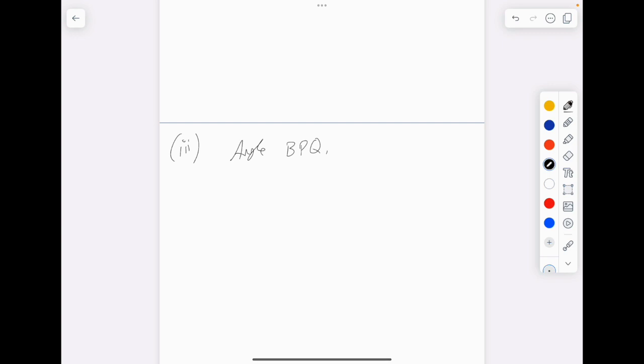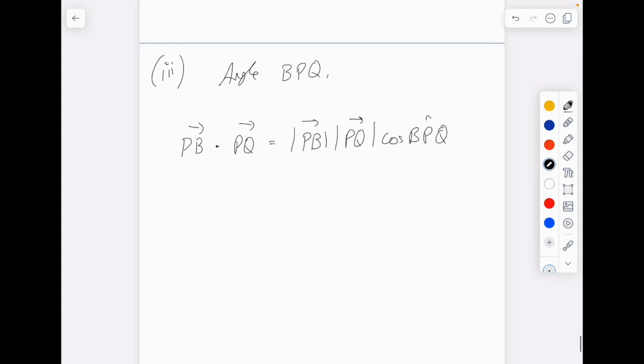Let's think about this. So PB dotted by PQ is going to equal the magnitude of PB, the magnitude of PQ, cos BPQ. Right. Cool.